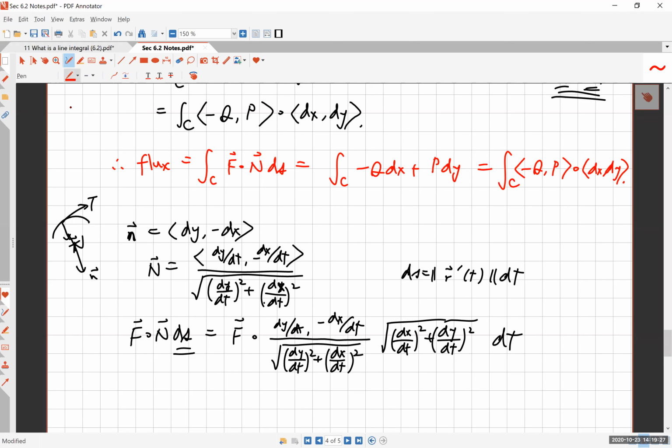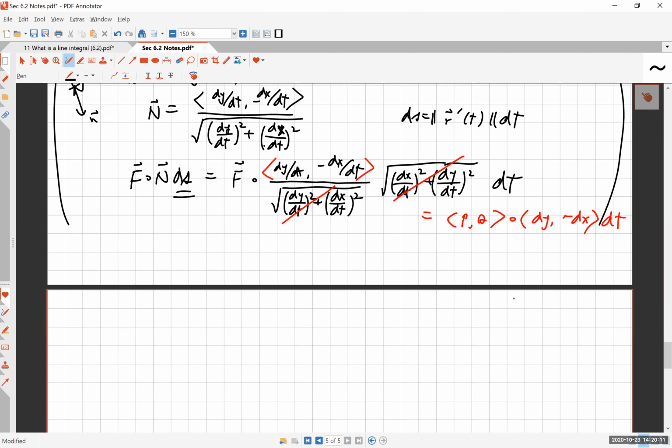But just like with the work integral, this and this go away. So it turns out this is simply P, Q dotted with dy, negative dx, and then dt stays out here. And so that is pretty simple, right? And so let's now do an example, or maybe an example or two, of flux integrals.